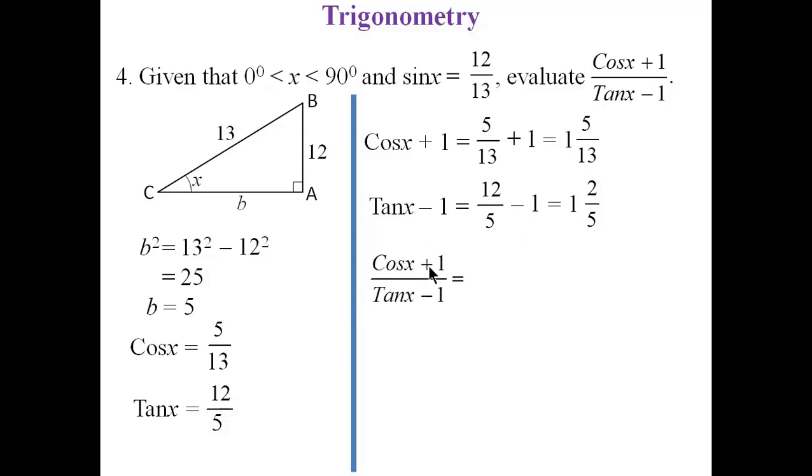Since cos x plus 1 is one whole number, 5 over 13, we shall change it to improper fraction. 13 times 1 is 13 plus 5 gives 18 over 13. This is divided by the denominator, 7 over 5, if this is changed to improper fraction. So from here we have 18 over 13 times 5 over 7, thereby giving us 90 over 91, which gives the solution after evaluating cos x plus 1 all over tan x minus 1.